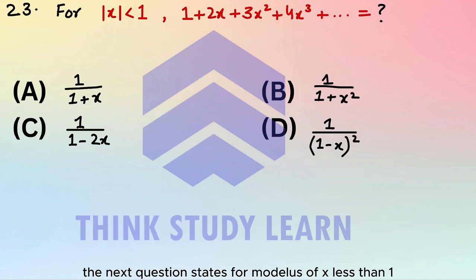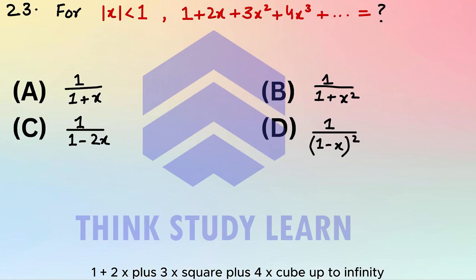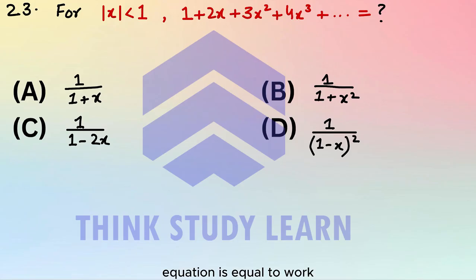The next question states for modulus of x less than 1, then 1 plus 2x plus 3x square plus 4x cube up to infinity is equal to what?